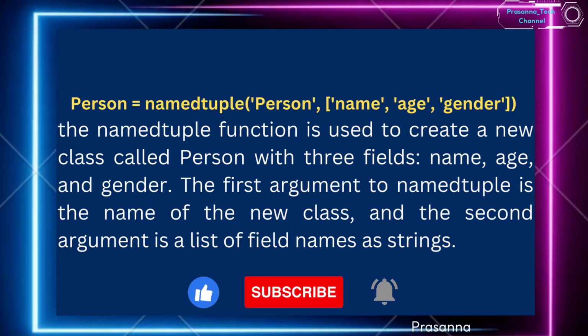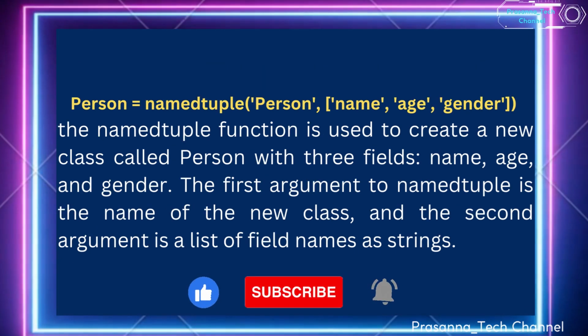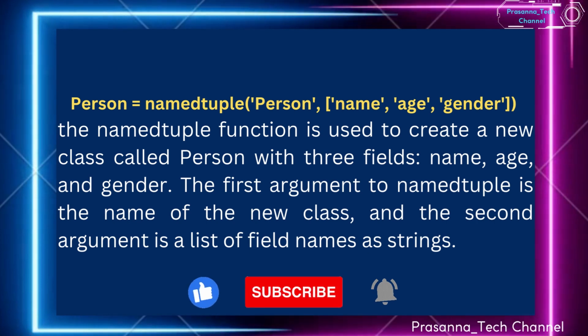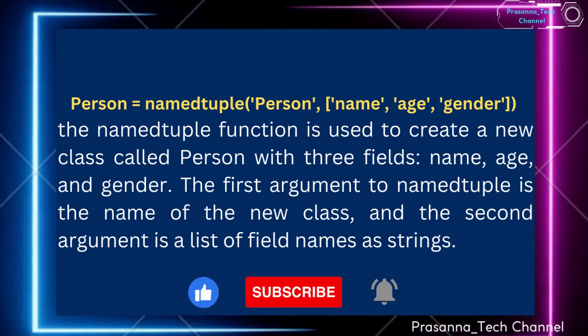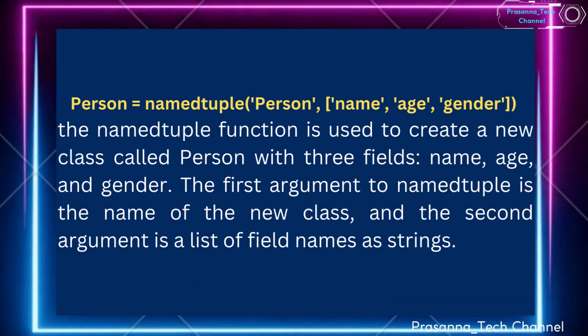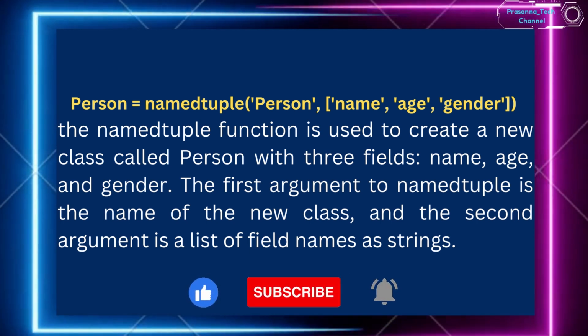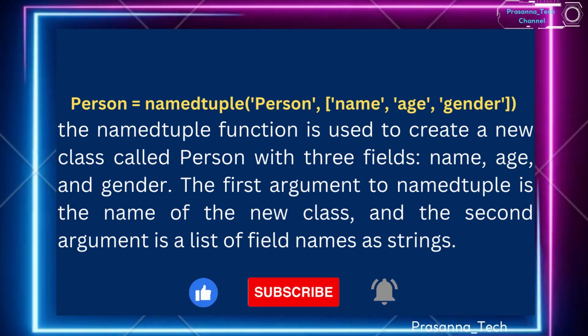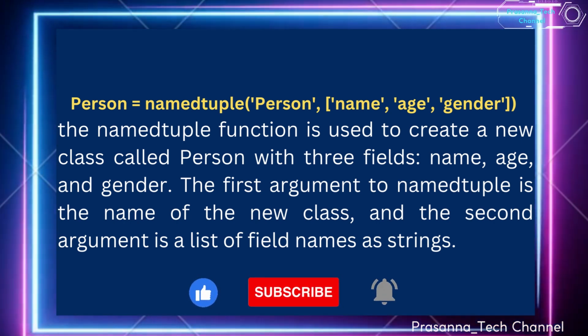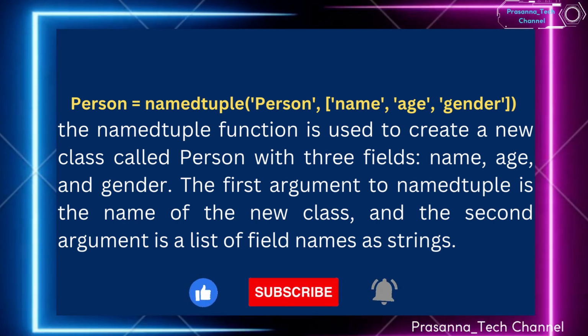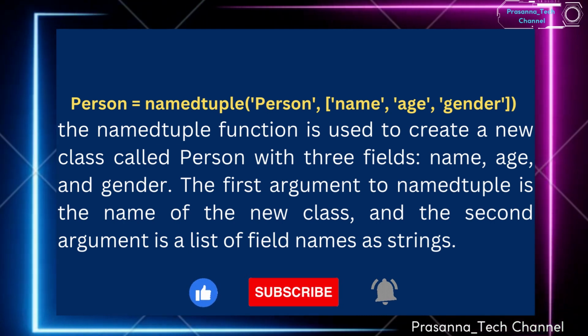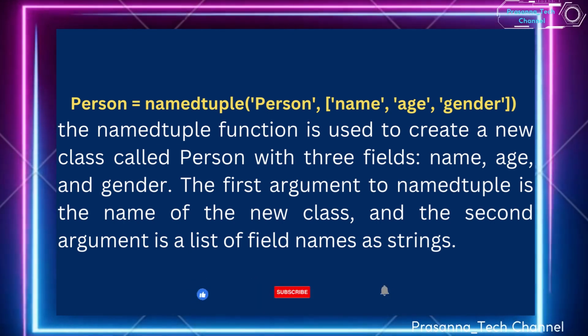Person equals namedtuple, round brackets, Person, name, age, gender. So the namedtuple function is used to create a new class called Person with 3 fields: name, age, and gender. The first argument to namedtuple is the name of the new class, and the second argument is the list of fields named as strings.